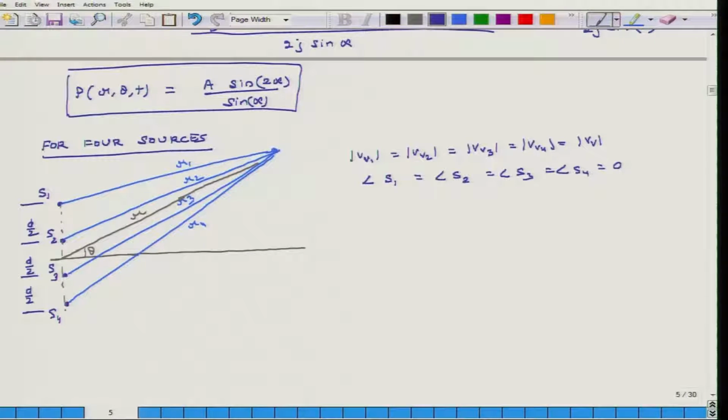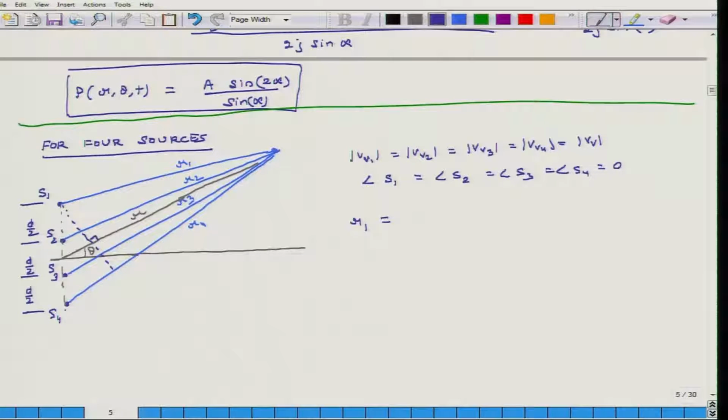So, for such a situation, first we will write down the expressions for R1, R2, R3, R4. R1 is equal to, so again how do I calculate R1? I drop a perpendicular, and so this is first assumption, second assumption is phases are 0, and the third assumption is R is extremely large compared to d by 2 or d.